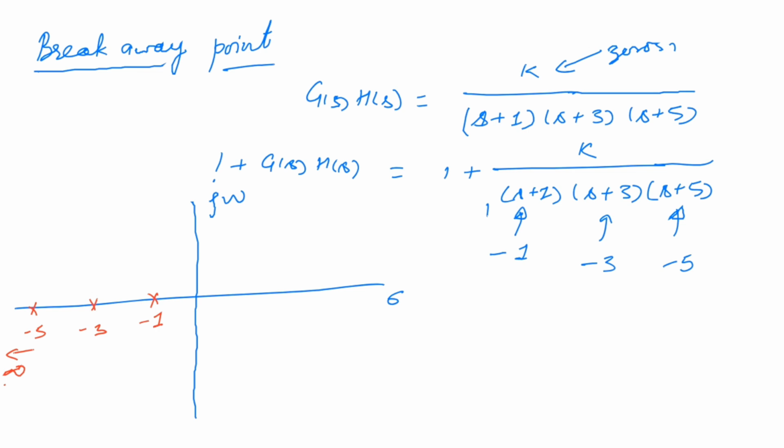Now let's take, as we have discussed in the previous section, the root locus on the real axis. It is very much clear that this segment will be part of the root locus, and this going towards infinity will be part of the root locus, and all three loci terminate at the zeros. The three loci originating from these three poles will end at the zeros of the transfer function.